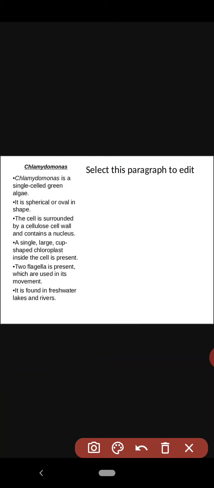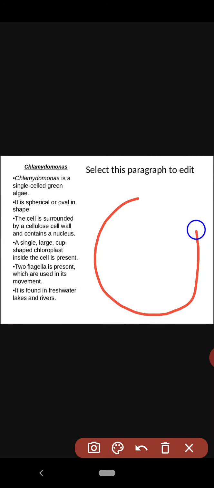Now Chlamydomonas is an example of an algae. It is a single-celled green algae. It is spherical or oval in shape.